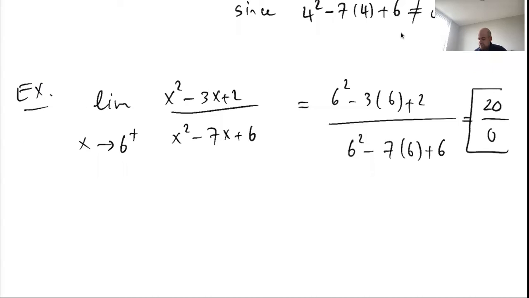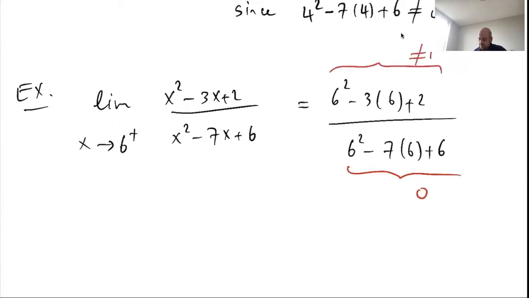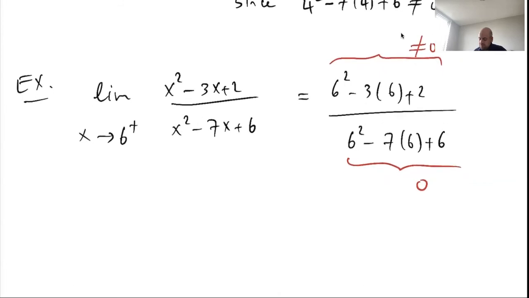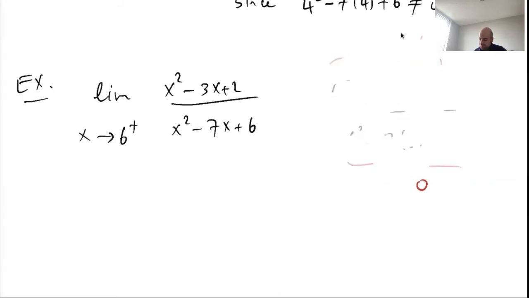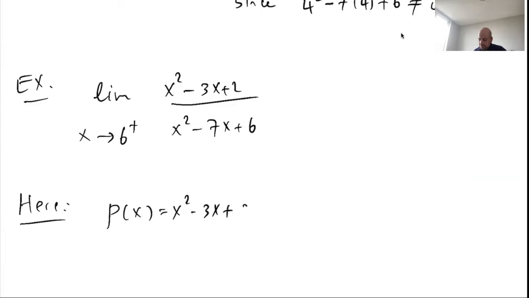So that means we are in, so this one is 0. This one is not 0. So we are in case 2, what we call case 2. So maybe let me mention it this way: here p of x is x squared minus 3x plus 2.